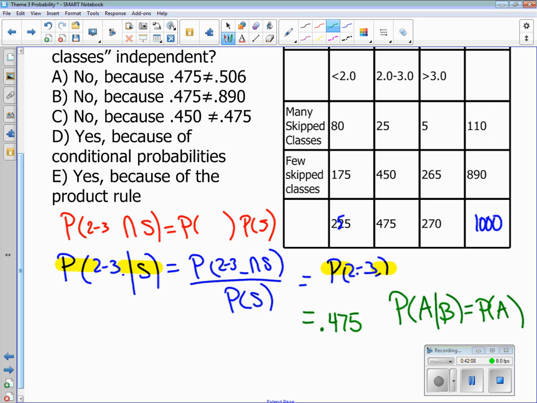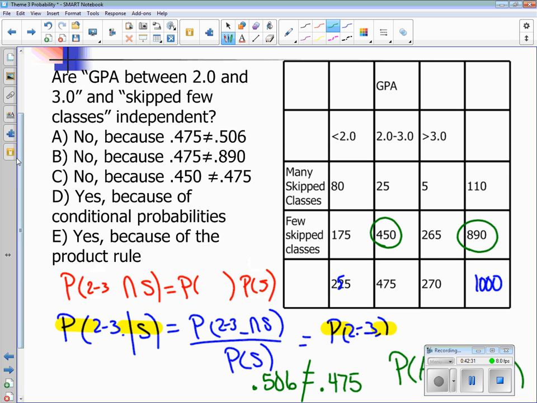Skipped few is that. Do you agree with that part? So 450 divided by 890. I don't know what that number is. Help me out. Look at that. That's the other number that showed up, right? So we know we're on the right track. They definitely don't equal each other. Therefore, the answer is A.